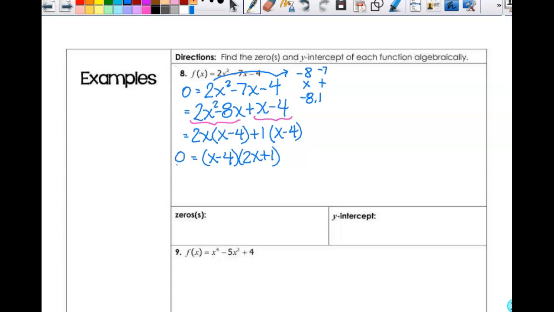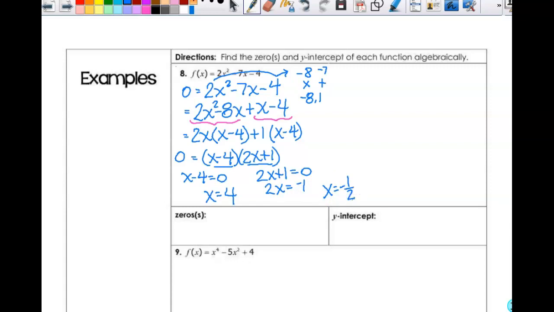So now that I have it factored, this time we're actually solving because I want to get my zeros. You use your zero product rule, and you take each one of these and set them equal to 0. x minus 4 equals 0, and 2x plus 1 equals 0. So that gives me x equals 4, and then I get 2x equals negative 1, so x equals negative 1/2.